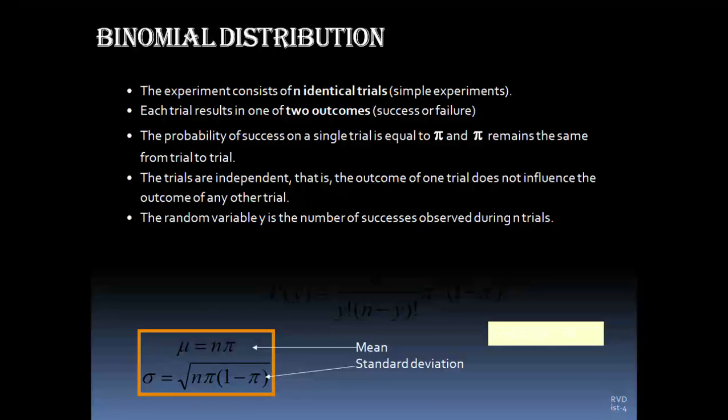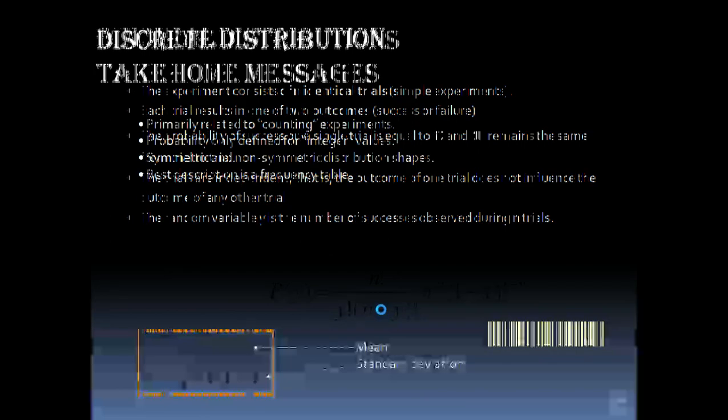The trials are independent, that is, the outcome of one trial does not influence the outcome of any other trial. The random variable is the number of successes observed during the trials. It is the formula.